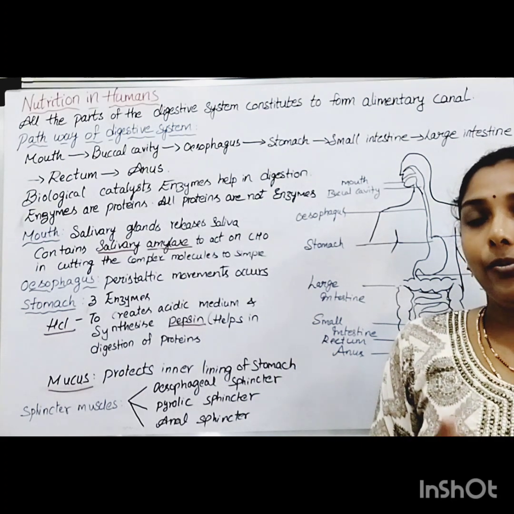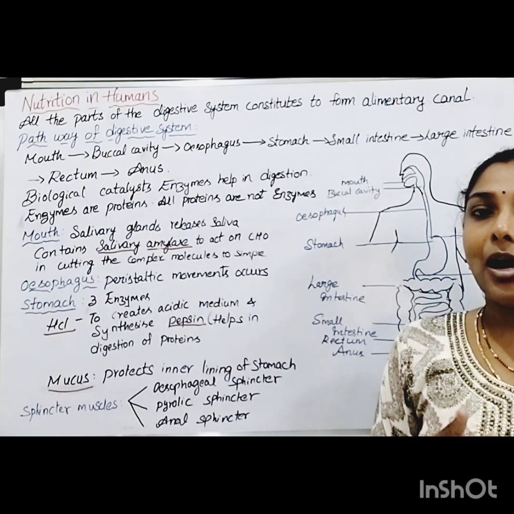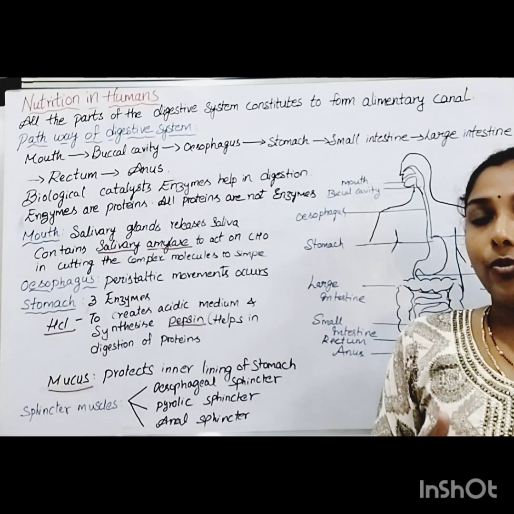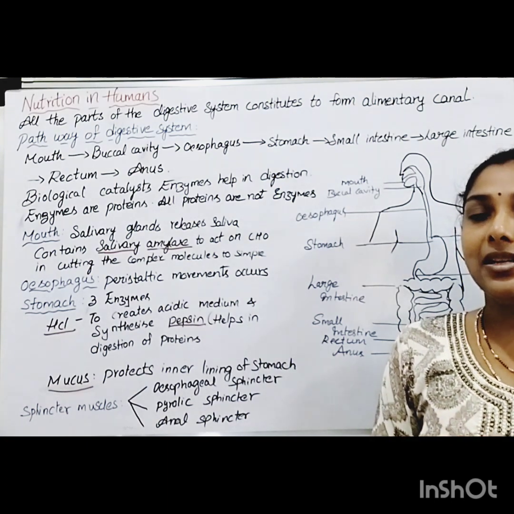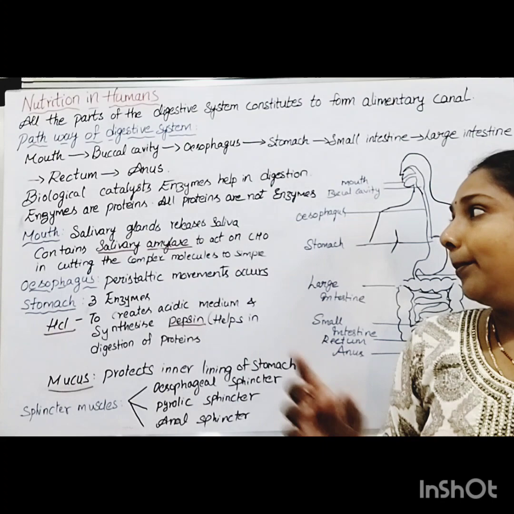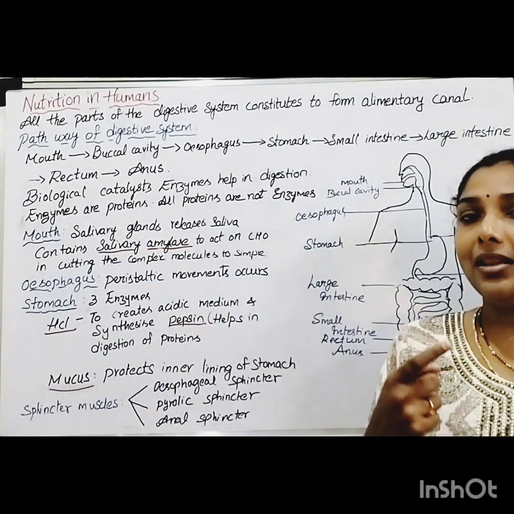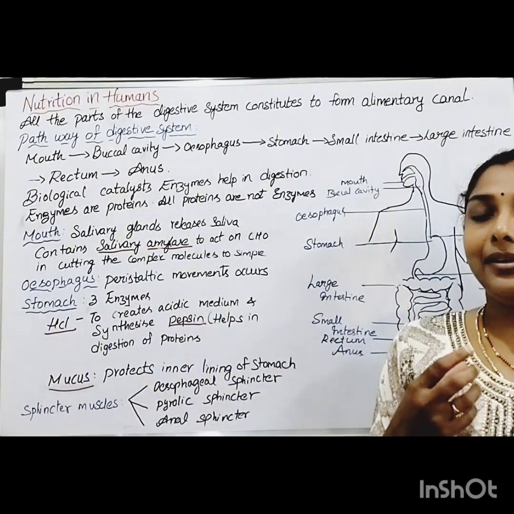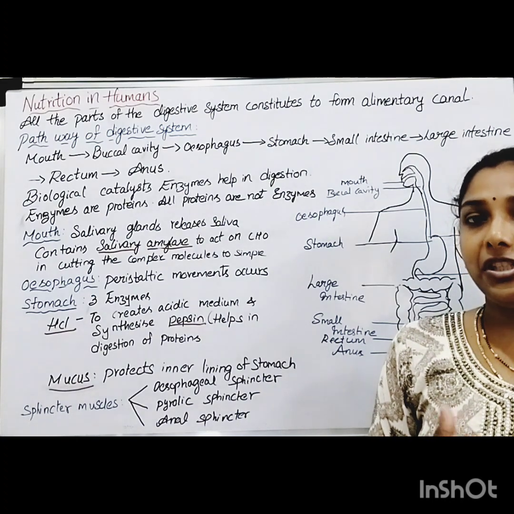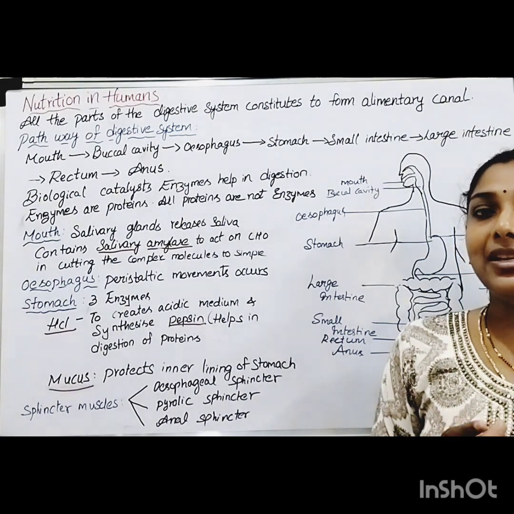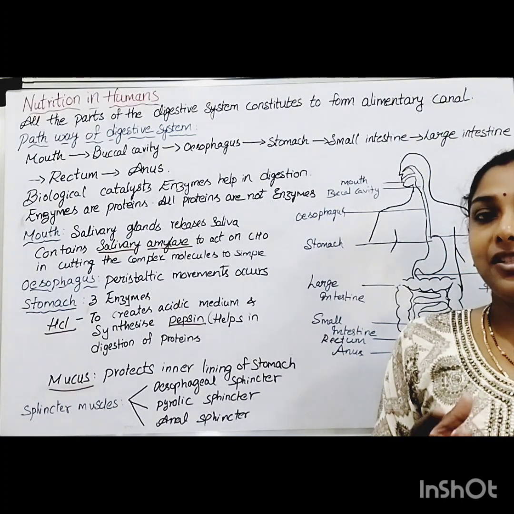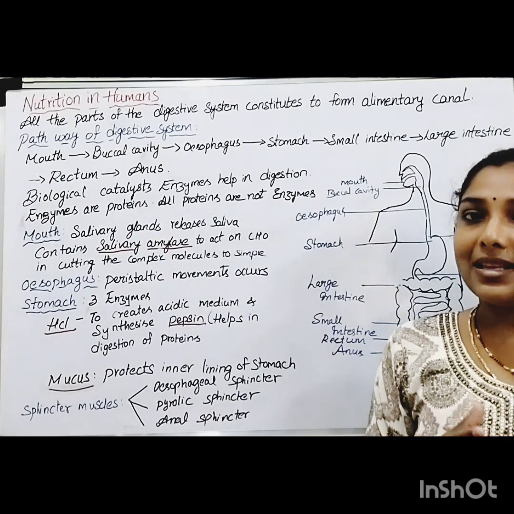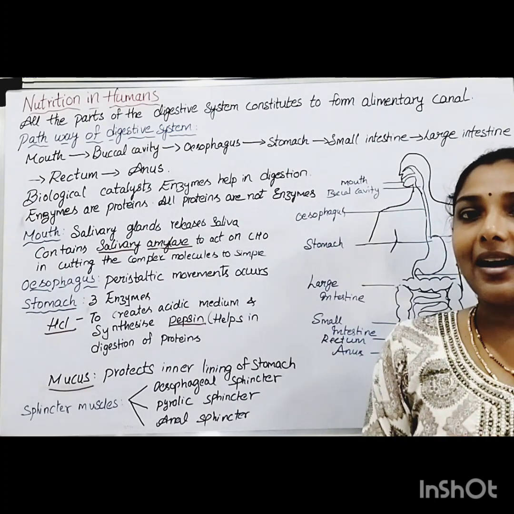You know that we are taking carbohydrate-rich food. So most of the carbohydrates are acted upon by salivary amylase in the mouth. The tongue and teeth are useful to chew the food and mix it with the saliva. This chewed food along with the saliva we will call a bolus.